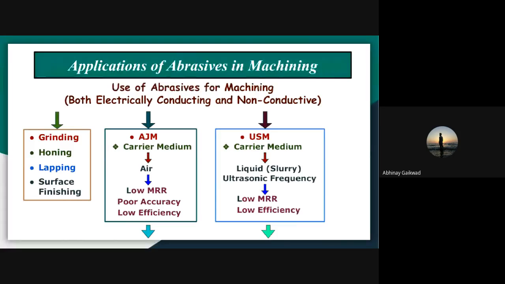One point to note is that all these processes are applicable for electrically conductive as well as electrically non-conductive materials. Now, the advanced machining processes based on abrasives are abrasive jet machining and ultrasonic machining.